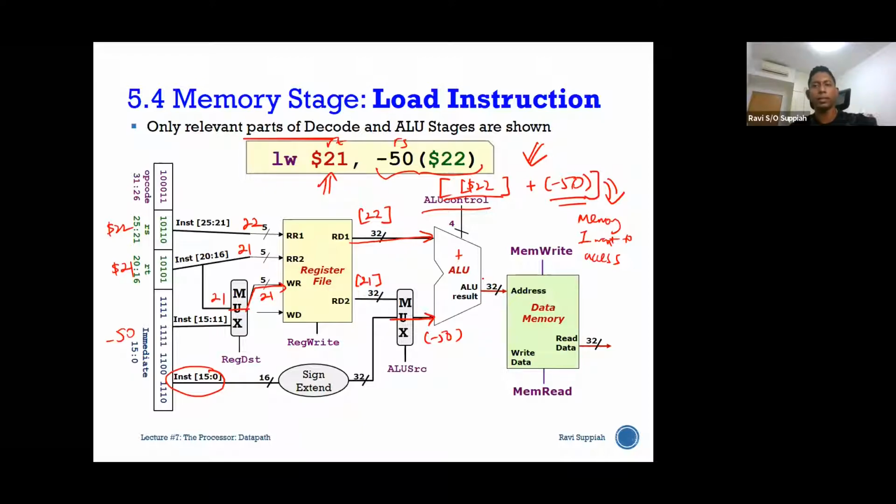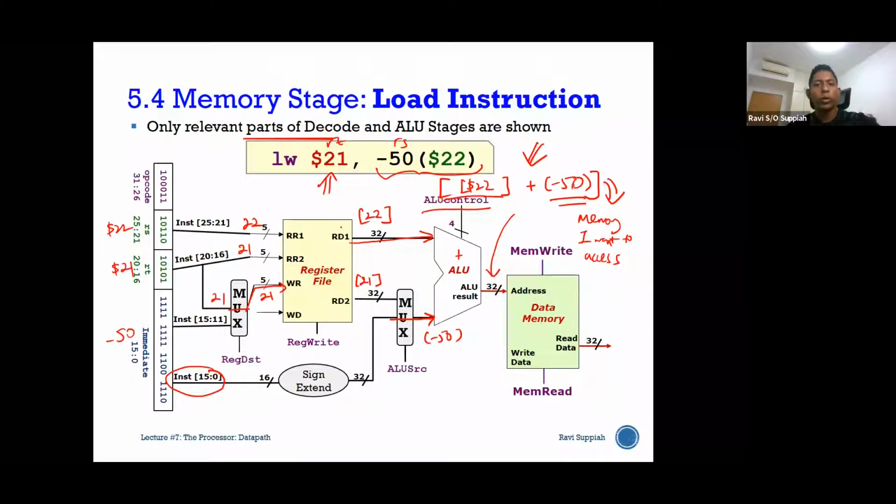Okay, so you remember that in this case, we are doing the addition operation, and the result of this addition operation is to point to a memory location. So that is what is being done here. This whole thing is what comes out here, where I point to a memory address.